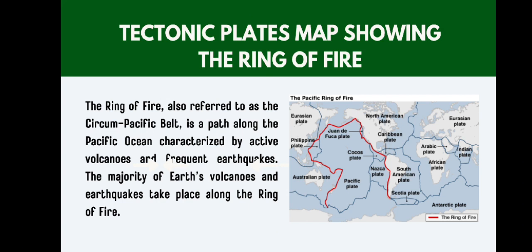So, the majority of Earth's volcanoes and earthquakes take place along the Ring of Fire. So, more siya ang ga-distinguish sa mga high level of geological activities, including the presence of numerous active volcanoes and a frequent occurrence of earthquakes. So, this area is significant because it is where a substantial proportion of the world's volcanoes and earthquakes are connected.